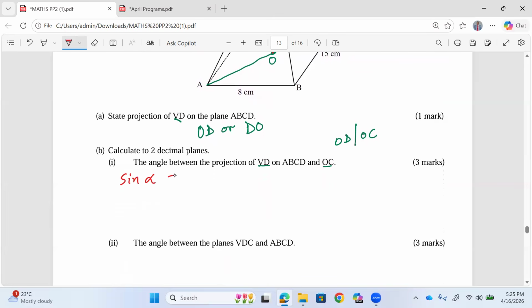The sine of alpha equals opposite over hypotenuse, meaning that alpha equals sine inverse of 4 over 8.5. Shift sine 4 divided by 8.5 gives us exactly 28.07.